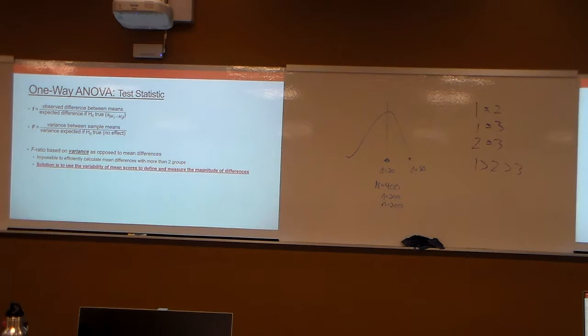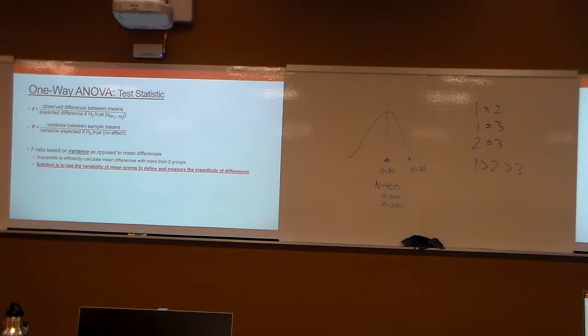I can't calculate a difference score if I'm dealing with more than 2 groups. Say I've got 3 groups. How do I calculate one difference score between all 3 groups? I can't do it, and so the logic underlying my T statistic starts to fall apart. So I'm kind of at a loss.